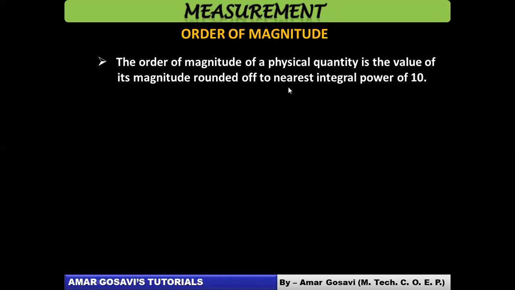So for that purpose, I have selected few examples which will help us in understanding how we work out the value for order of magnitude. Before we do that, let me repeat the definition for you people so that you can always correlate whatever we do in the consequent stages with the definition.